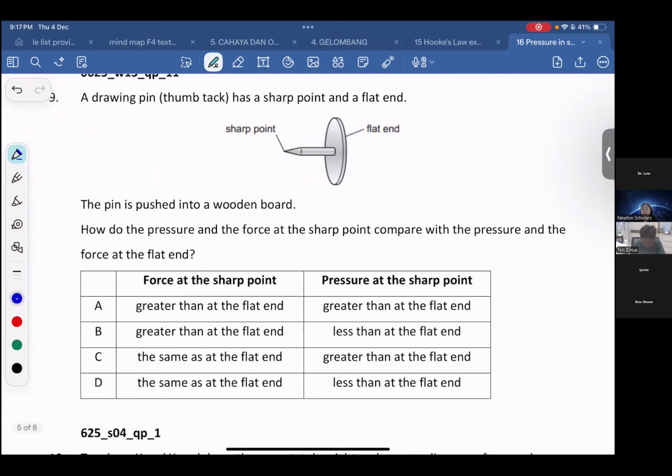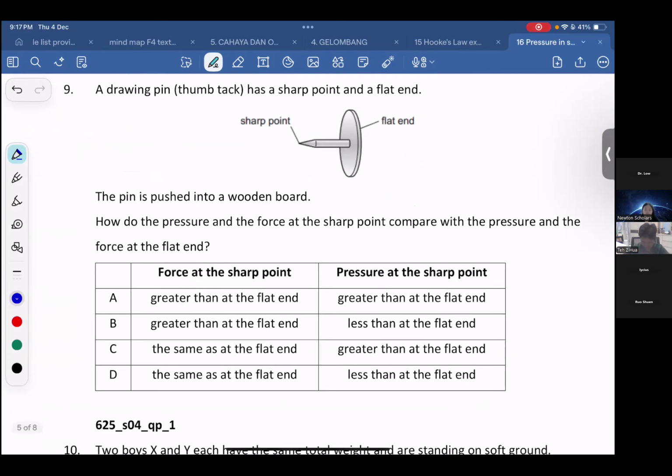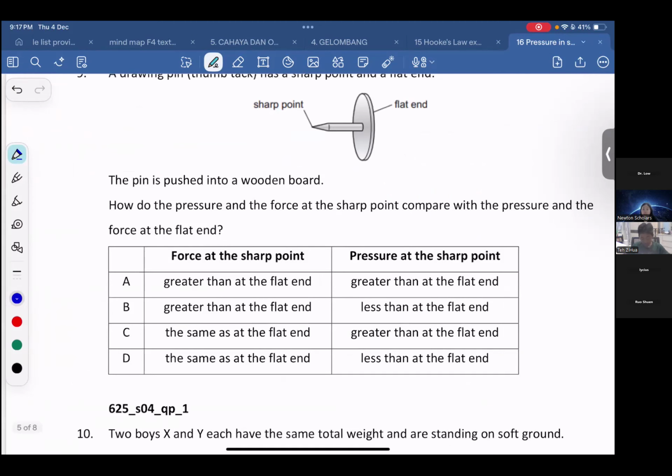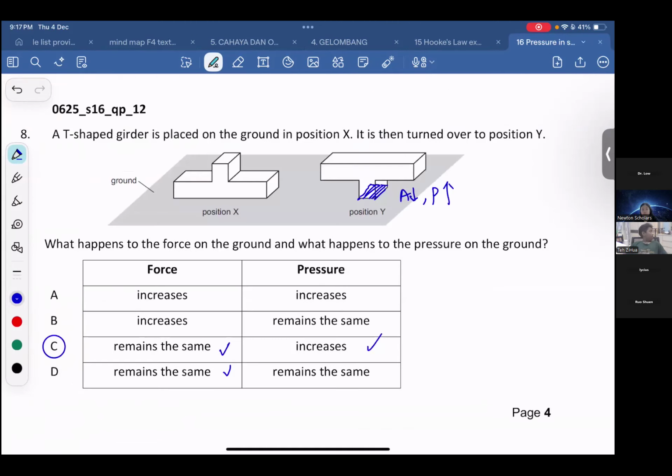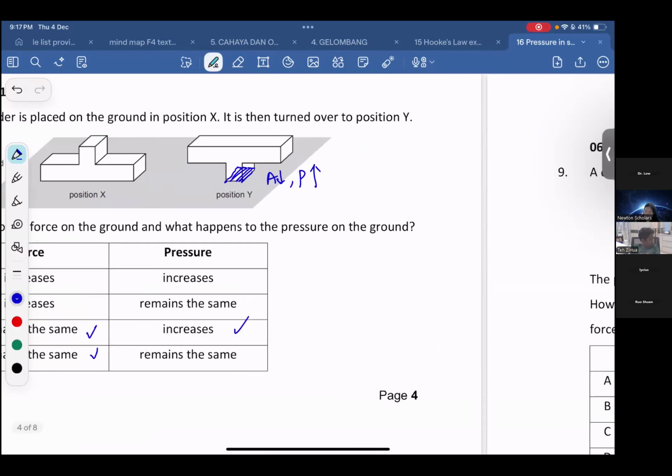Teacher, can you go back a bit? Yes, dear. Let me check the answers. Emily, correct? Angeline, correct? Crystal, correct? Okay, Shun already done.